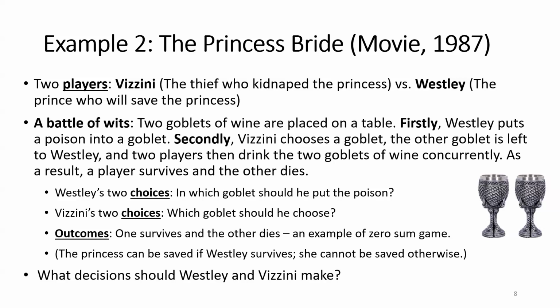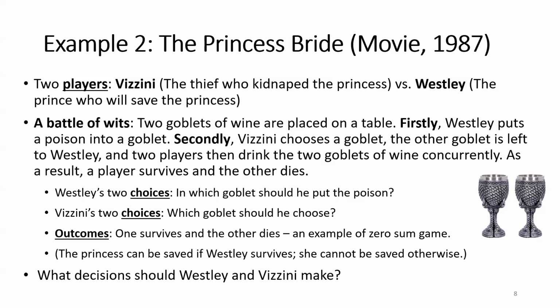Recently, the witch kidnapped the princess, and Westley, the prince, will save the princess. You may consider two cups here. The prince will put poison in one or the other.